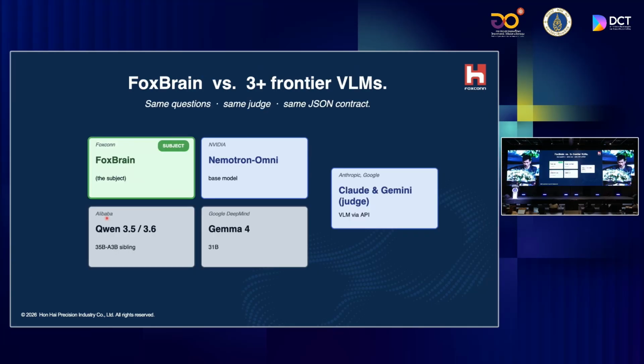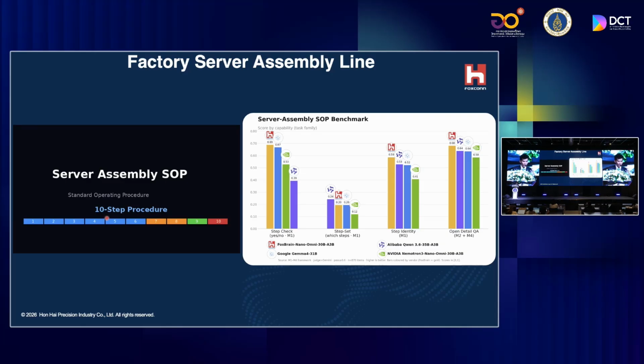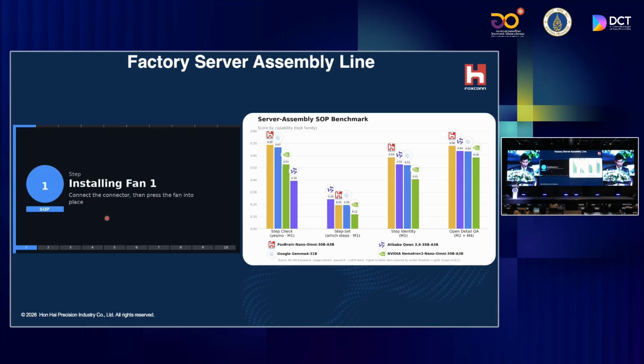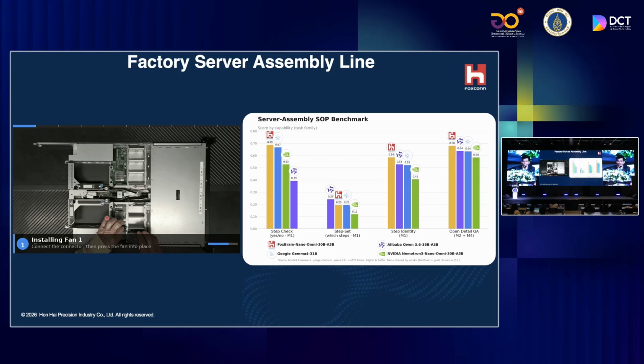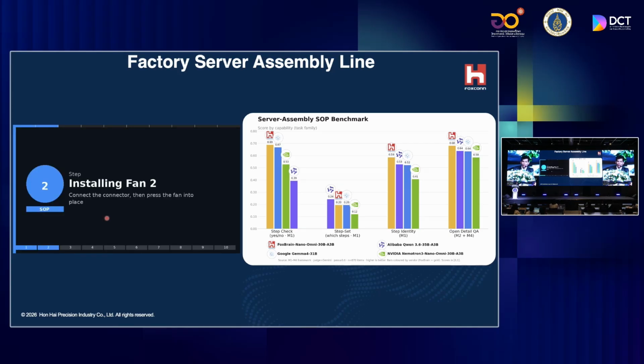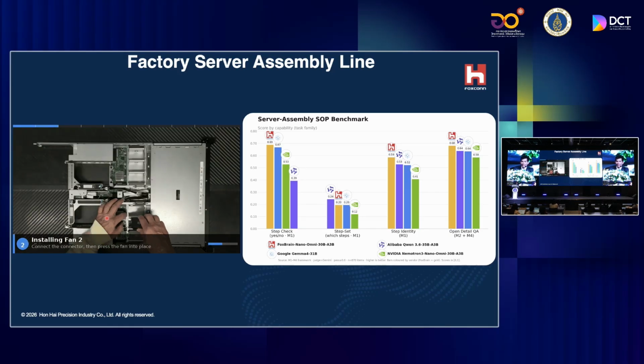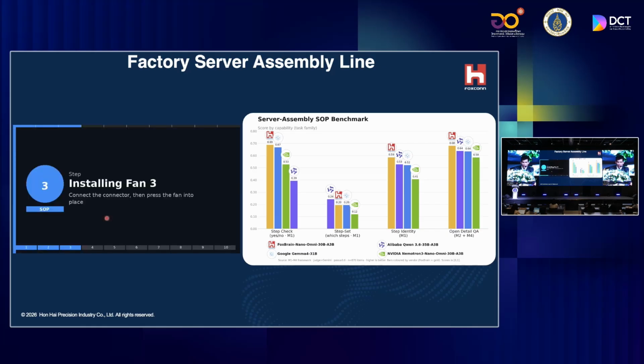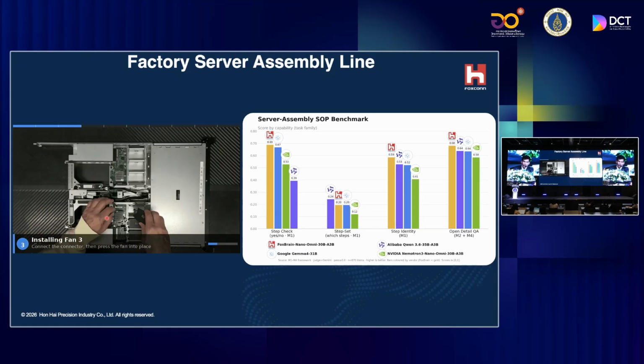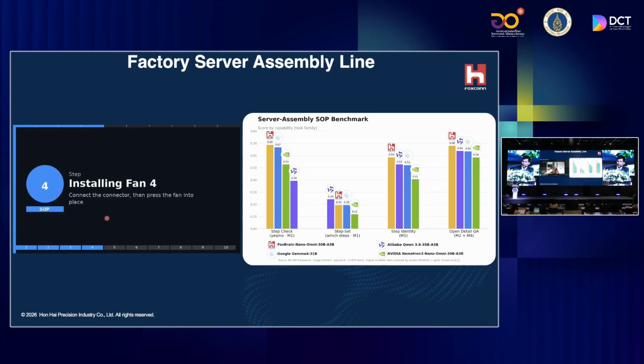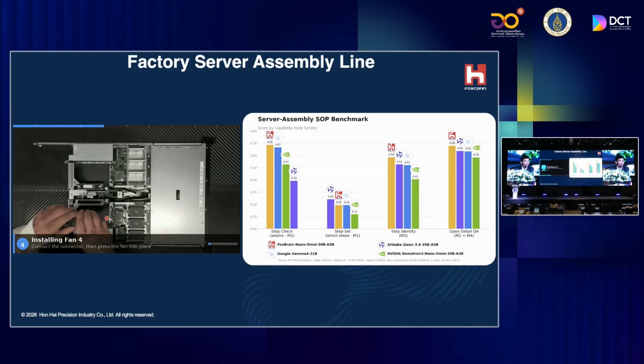And I want to show an example that we built for manufacturing. This is a server assembly. Foxconn is famous for EMS, electronic manufacturing services. So in this way, we built a vision language model that can look at the worker installing the server.